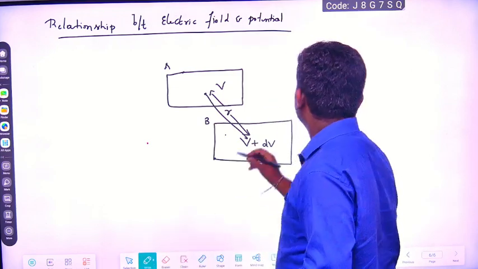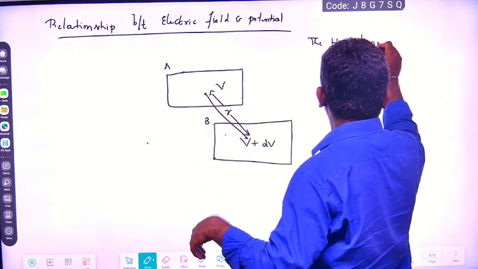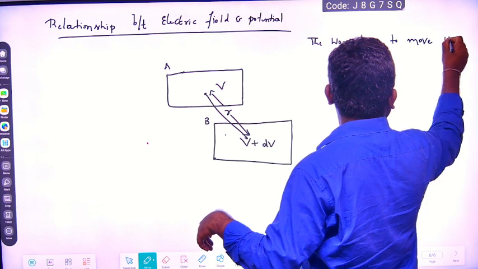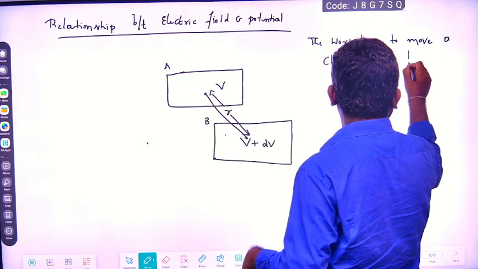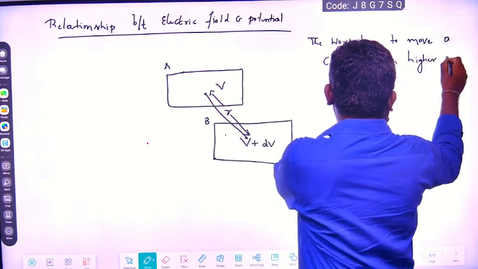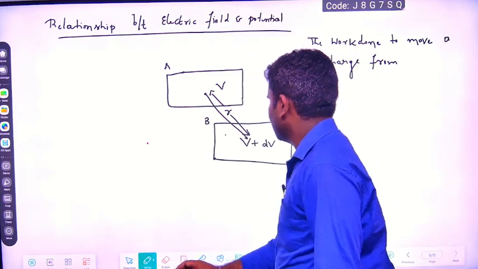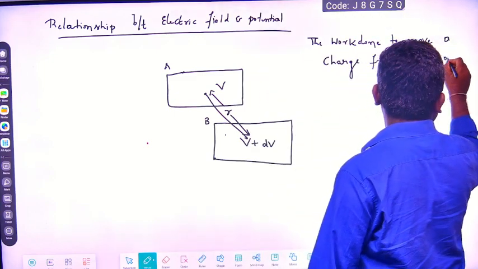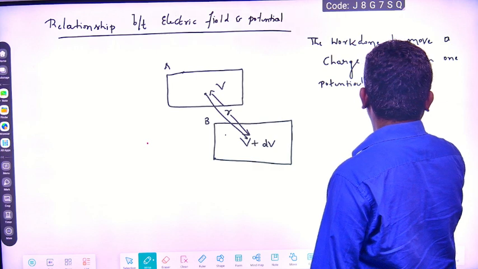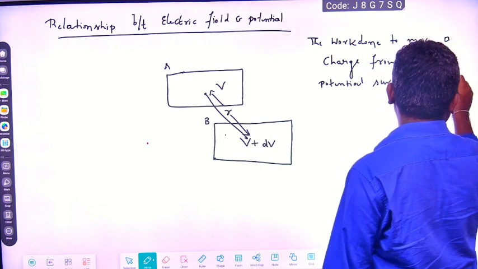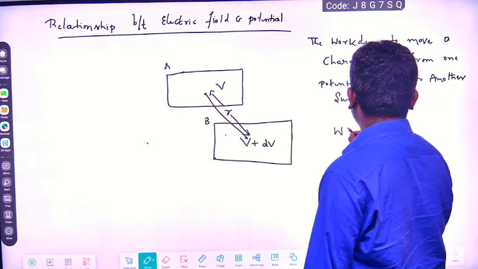The work done to move a charge from higher potential to lower potential, from one plate to another surface, from one potential surface to another potential surface, W is equals to how much?